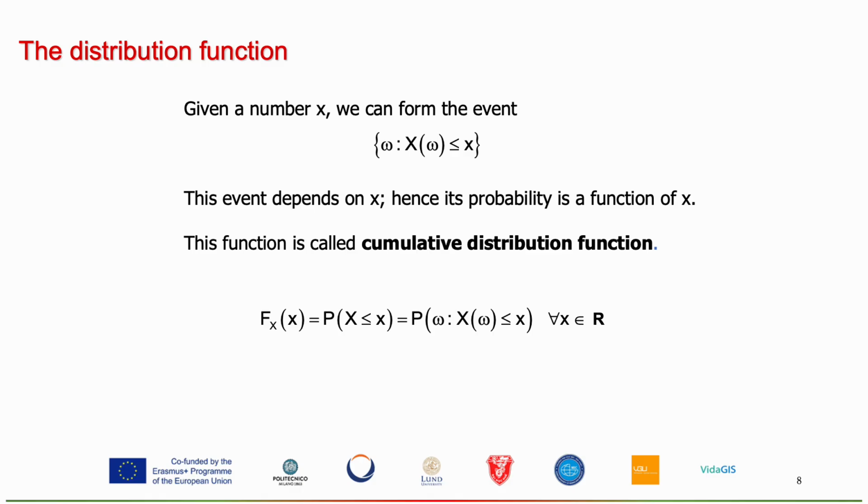This function is called the cumulative distribution function. So F_X of x is the probability that capital X is smaller or equal to the given x, and it is the probability of the events omega such that X of omega is smaller or equal to x. This holds for each x belonging to R.